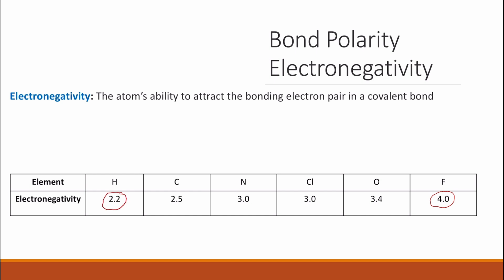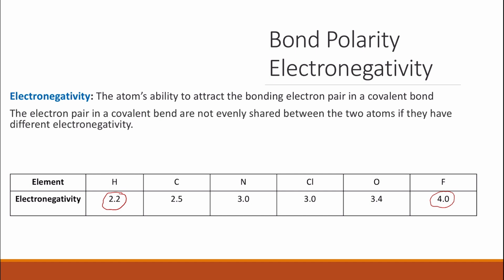So there is a difference in electronegativity, and fluorine will have more ability to attract the bonded electron pair if it's bonded to hydrogen. The electron pair in a covalent bond is not evenly shared between the two atoms if they have a difference in electronegativity.